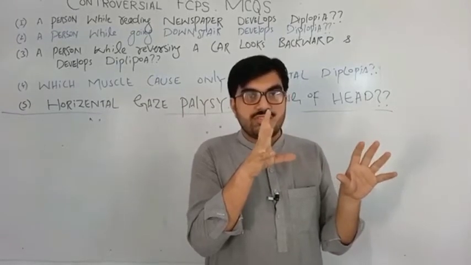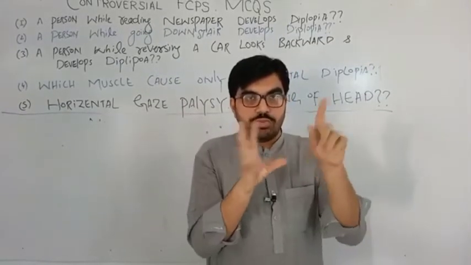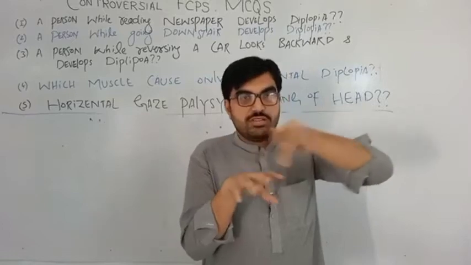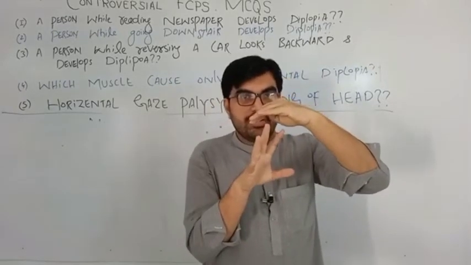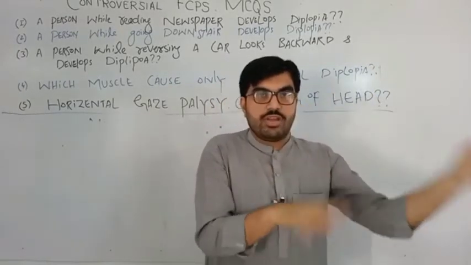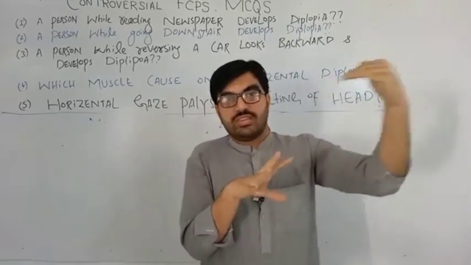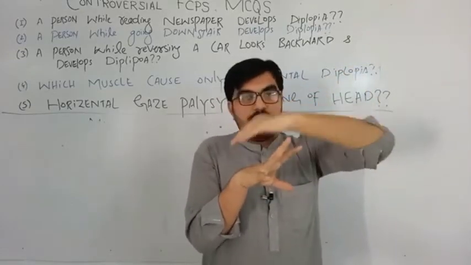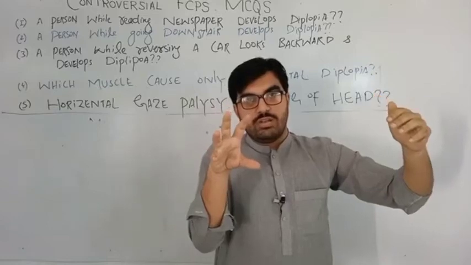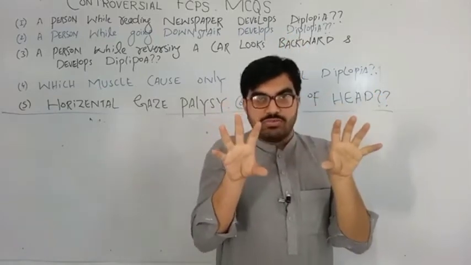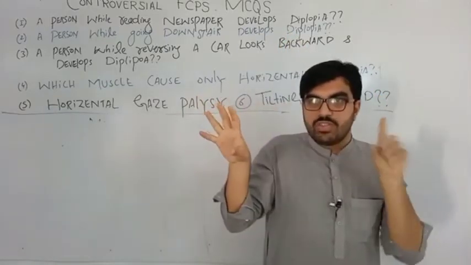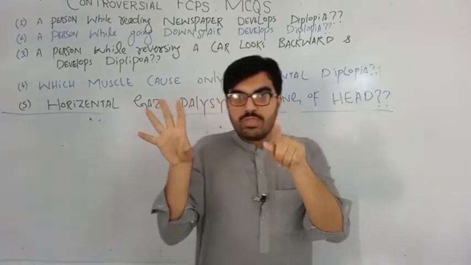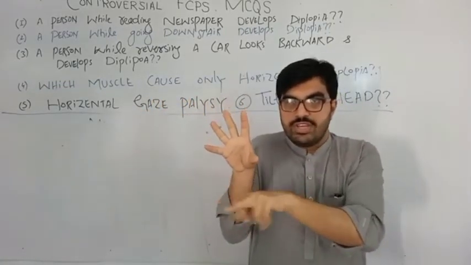Which muscle causes depression of eyeball? Superior oblique. It is attached like this. The axis becomes parallel. It causes depression of eyeball. Now if you are having weakness in this muscle, what will happen? The eye will fly away. The eye moves laterally. In lateral position, which muscle is causing depression? Inferior rectus.